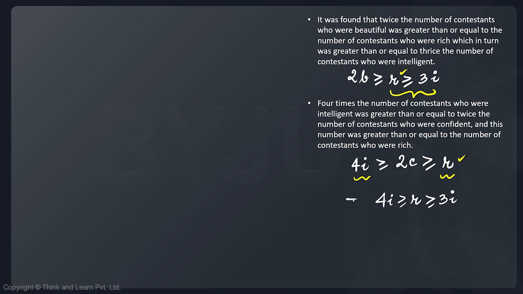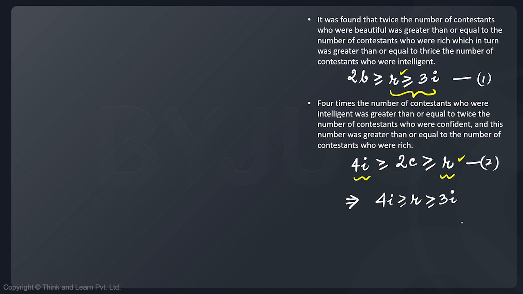So this is the combined inequality that we can have, ignoring B and C as of now. Okay, let's call this first inequality and let's call this second inequality. And this is our combined inequality. Also, we will remember that the value of neither of these B, I, R and C is going to be more than 15 because the maximum number of contestants we have is 15.